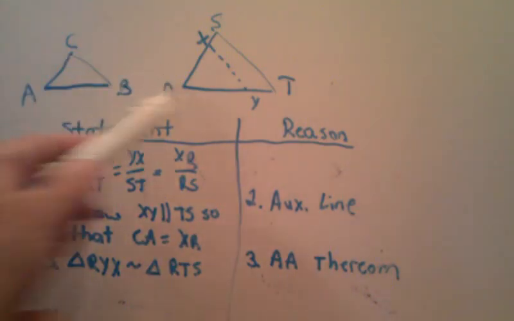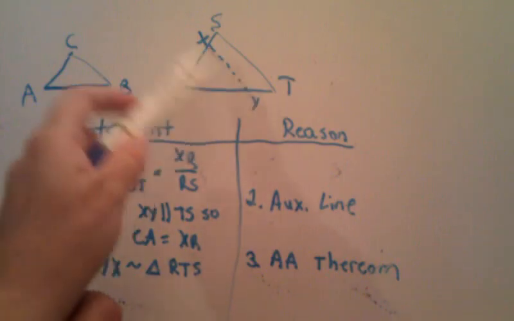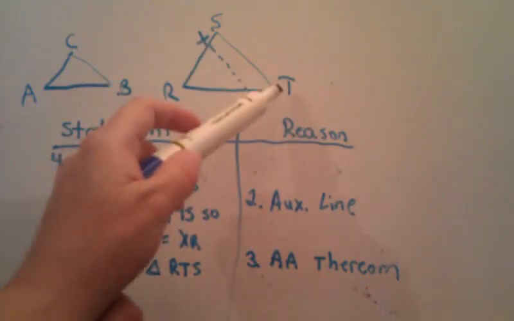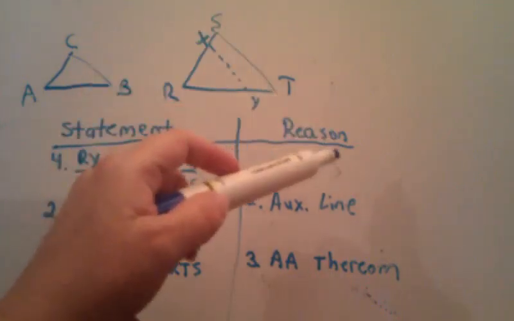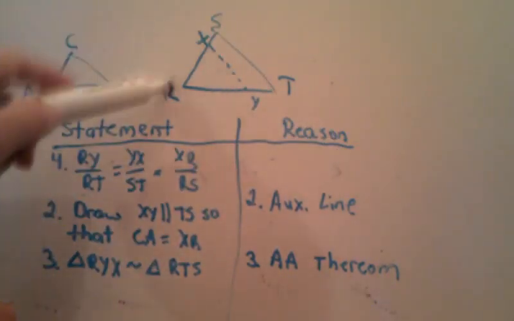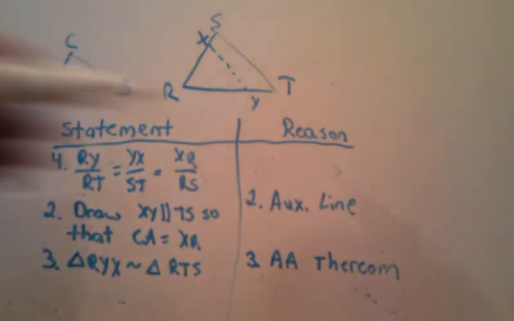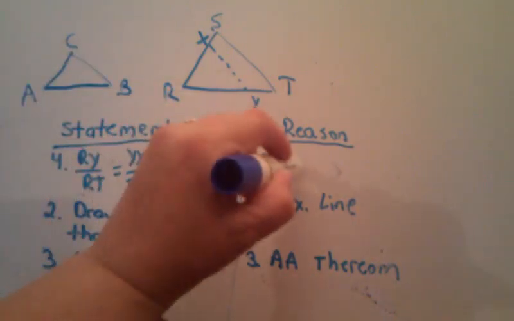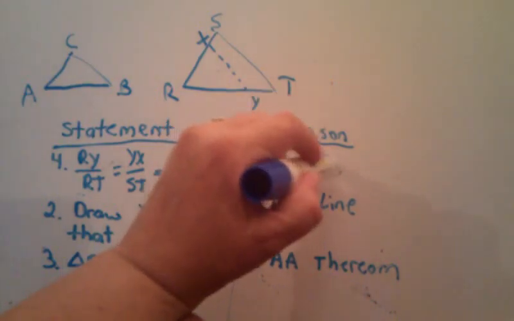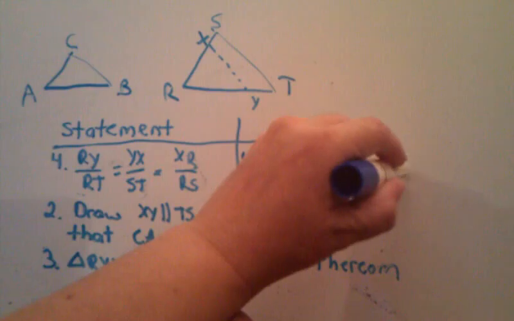Okay, so RY is to RT as YX is to ST as XR is to RS. And this is the definition of similar polygons.